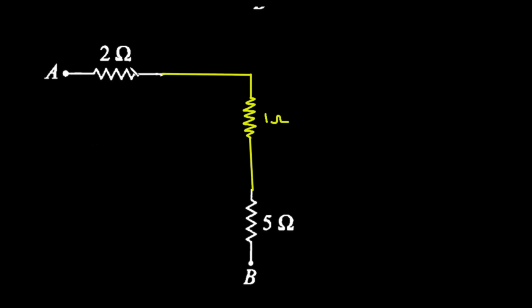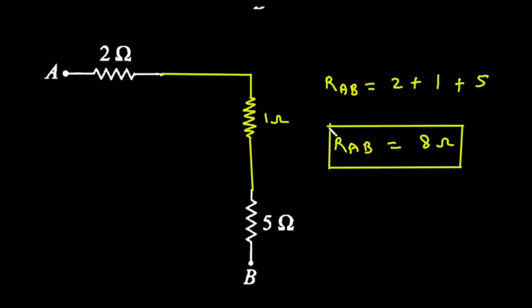It will be of 1 ohm. Now we can say RAB is equal to this 2 ohm plus 1 ohm plus 5 ohm. So therefore RAB is equal to simply 8 ohm. So this is the final answer for this question.